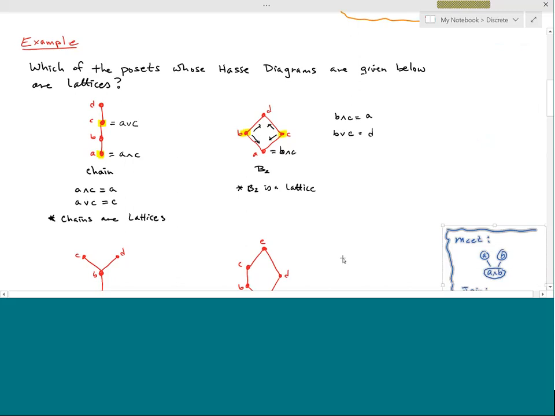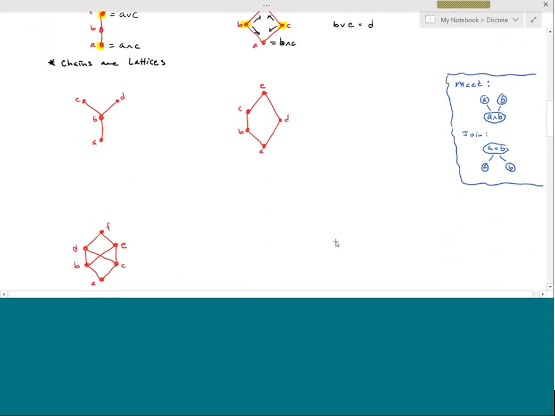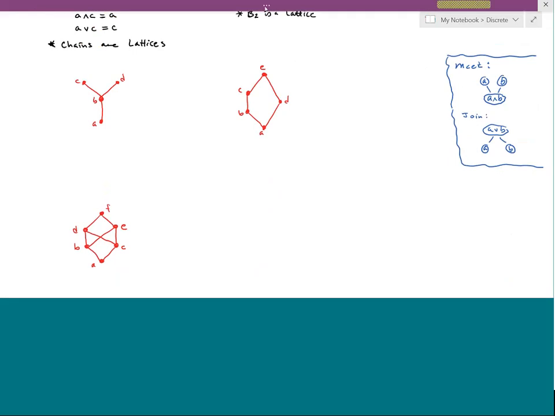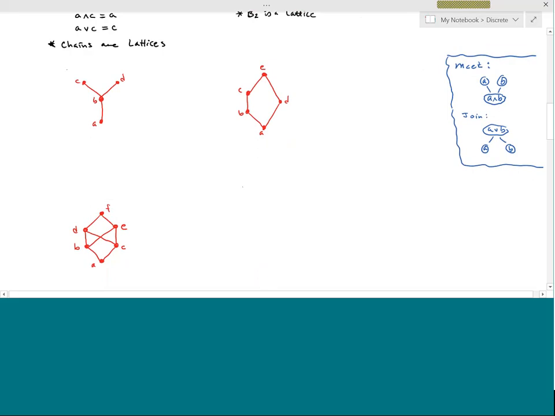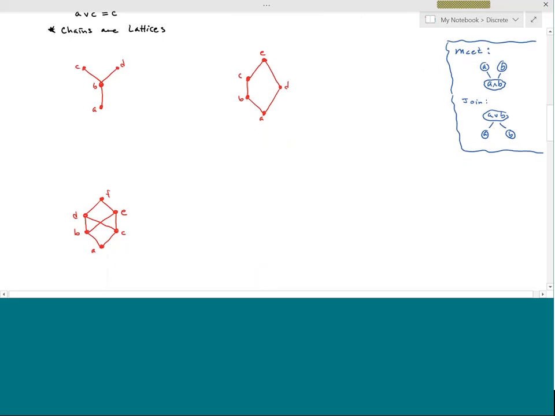So let me move down our little cheat sheet of what a meet and a join is over there to the side, and let us now look at these new two guys. Oh, actually, the third one came up too. So these are the last 3 Hasse diagrams of posets we want to check to see if they're lattices or not.